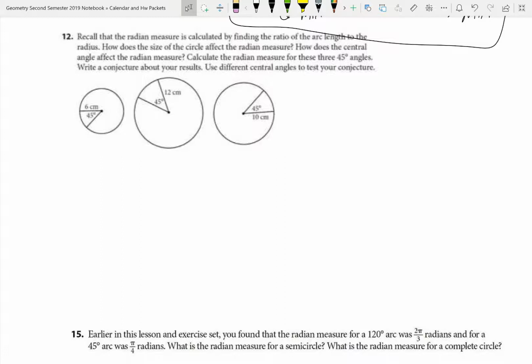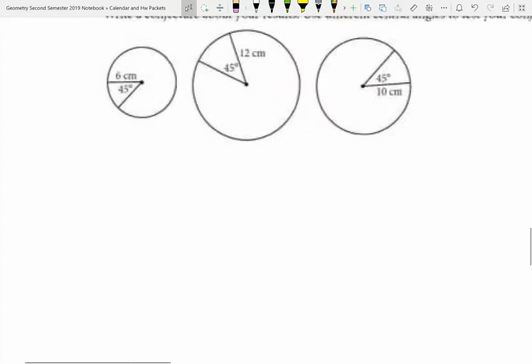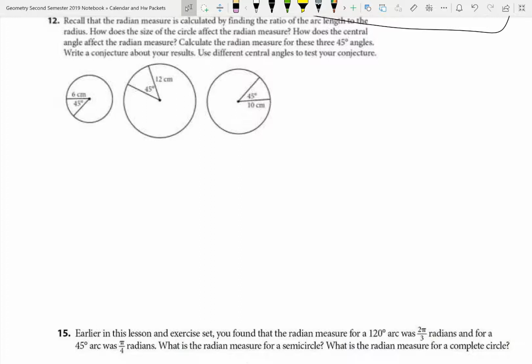All right, first step, how does the size affect the radian measure? Let's calculate the radian measure for each of these. The radian measure, again, is the arc length divided by the radius.